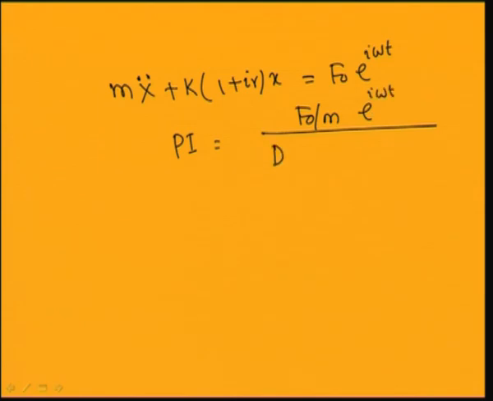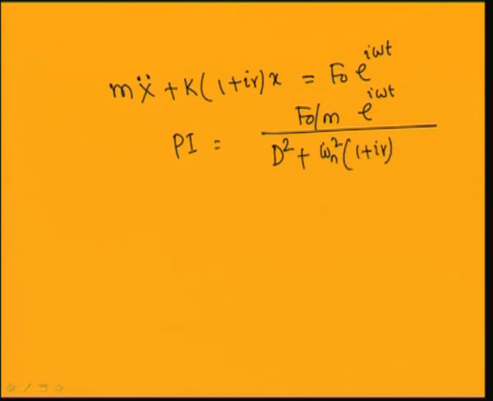By dividing by m, I can write this as 1 over (D square plus k by m, that is omega n square, into 1 plus i gamma).